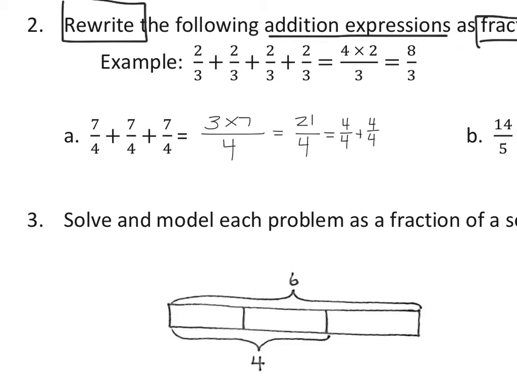I can go ahead and pull out another whole because that is now 8 fourths. I can pull out another whole because that would be 12/4. And I can pull out one more whole because we have 4/4 plus 4/4 plus 4/4 plus 4/4. So that means we have 16/4.